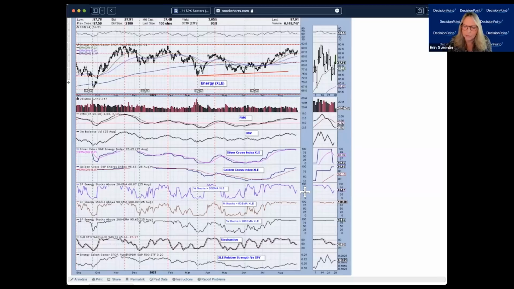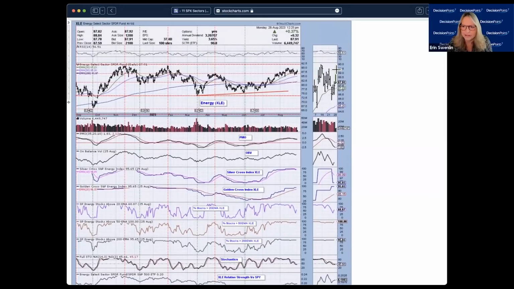And that's what we're seeing with energy. I don't like today's candle. I've got an OHLC bar here, but you can tell there would be a very long wick on that particular candle. That's a shooting star kind of a look. And so energy is looking kind of weak, but oil is starting to make a little bit of a move, and I think that will help energy out.